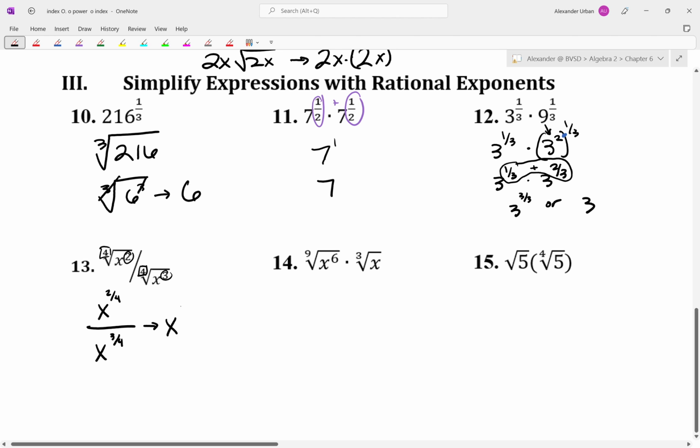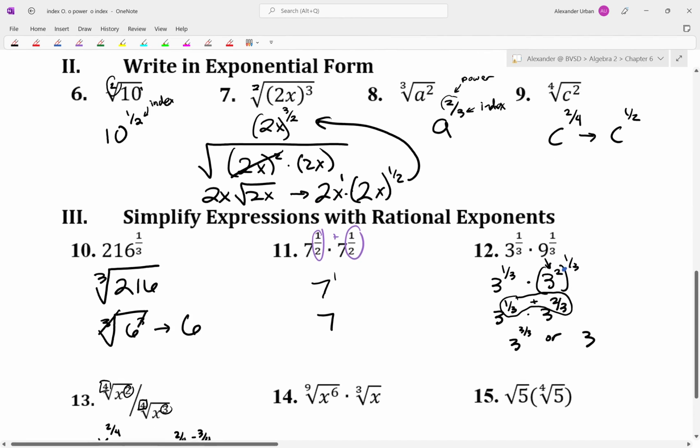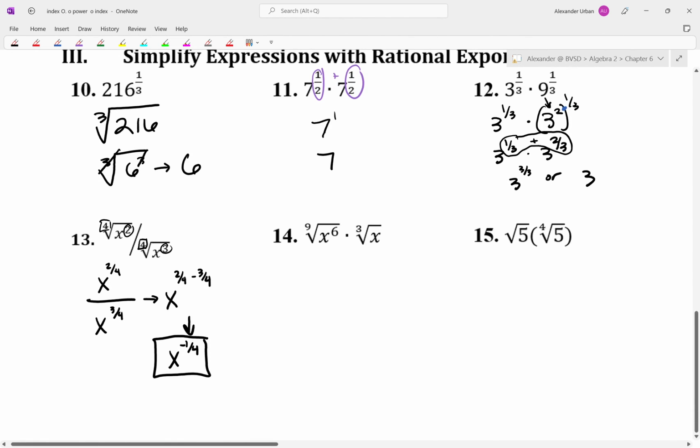So I'm going to rewrite this as x to the 2/4 minus 3/4. And we are going to reduce that down to x to the negative 1/4. And this is as far as we can go. We'll end up in a cyclical pattern again, just like we did up above with number 7, if we keep on working this one out. So this is where I'm going to leave it, as x to the negative 1/4 power.